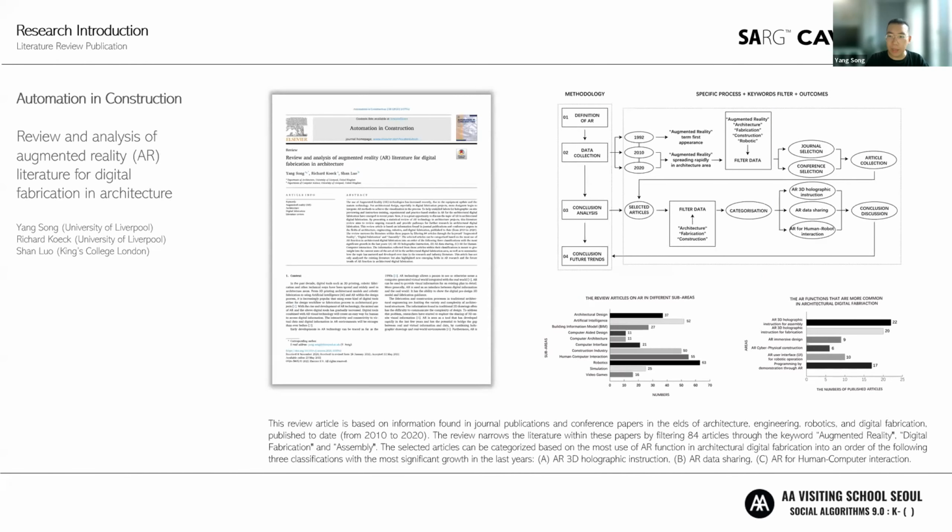After that, we published an article called Review and Analysis of Augmented Reality AR Literature for Digital Fabrication Architecture in the Journal of Automation in Construction, which is based on information that we found in journal publications and conference papers in the field of using AR technology in architecture, engineering, robotics, and digital fabrication published from 2010 to 2020, which describes the current state of the art of AR and robotic technology in the architecture field and their limitations.